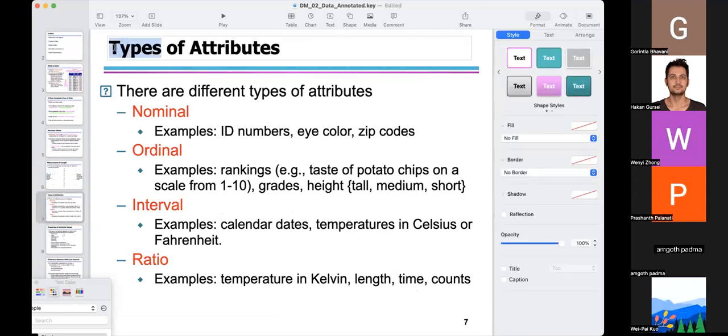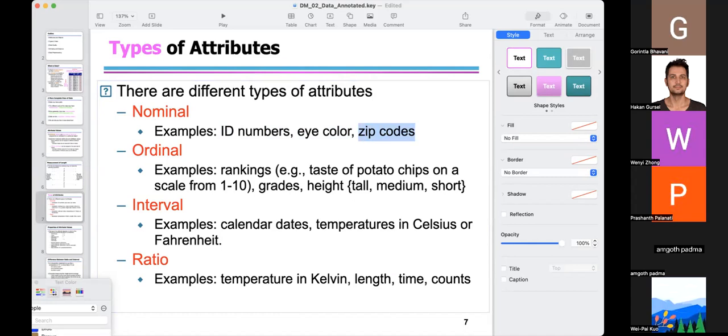Like I said, we had to define the type in order to know what kind of data we contain in the table, and in order to create the table itself in a relational database management system, we need to specify the data type. And so these are the types that exist. The nominal would be ID numbers, eye color, or zip codes.